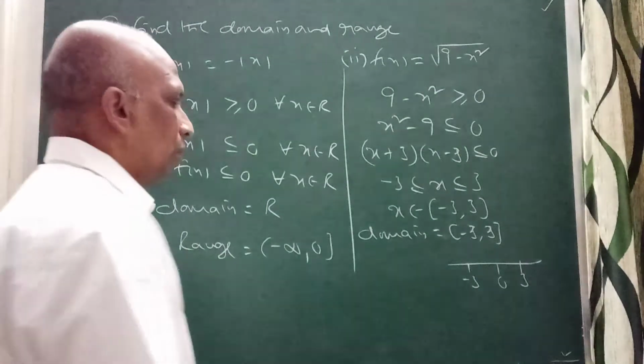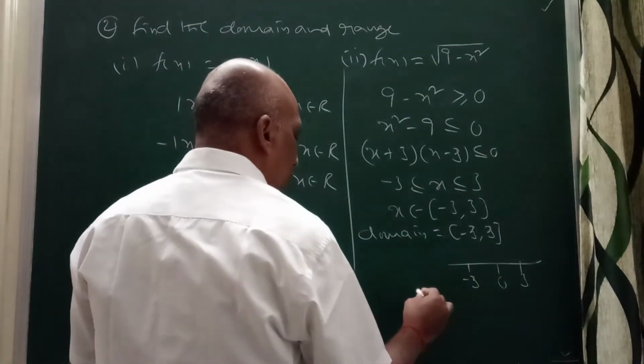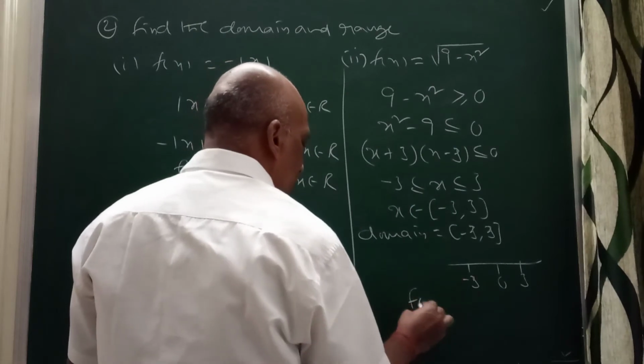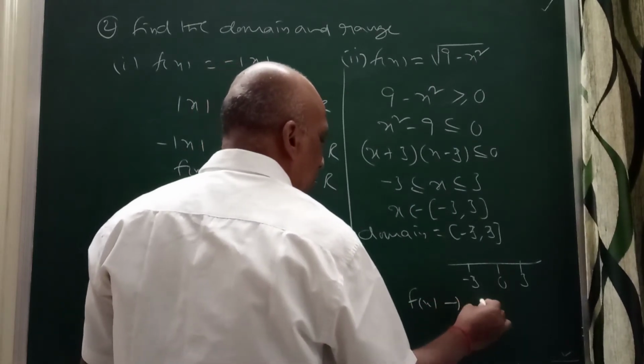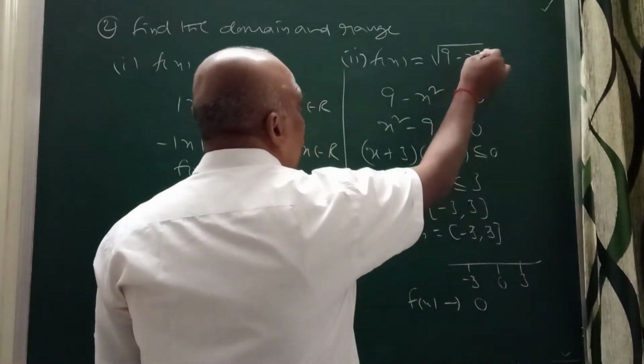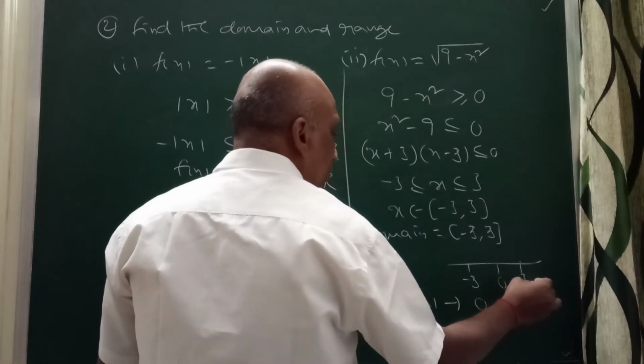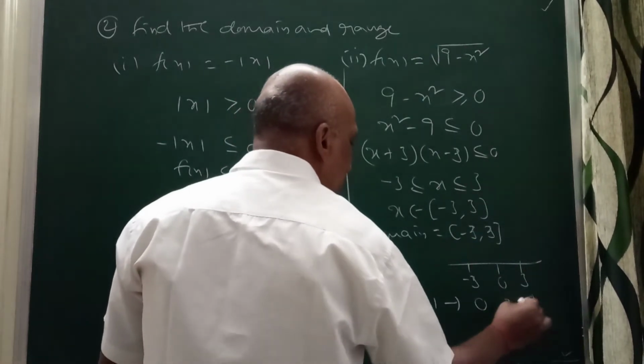To find the range, at minus 3, what is the function value? If we substitute minus 3, you will get 0. At x equal to 0, the function value will be 3. At 3, the function value will be 0.